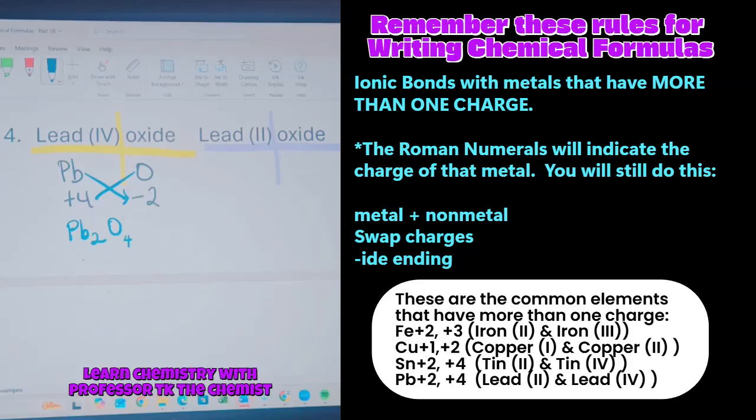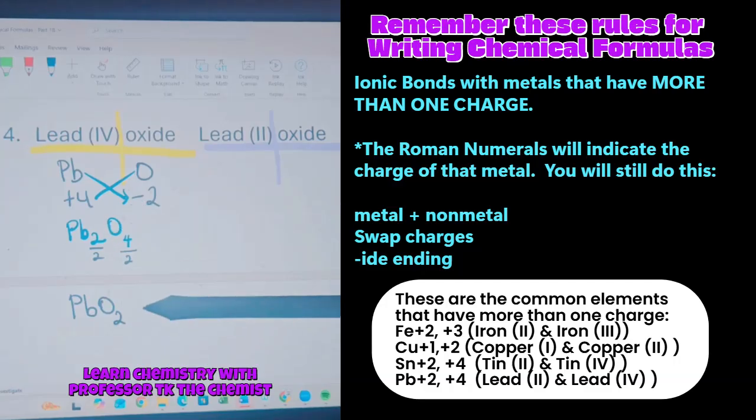But in chemistry, we actually will reduce both of these elements by dividing by 2 to get the final formula as PbO2. If you did not do that, it's still right. However, your teachers may be looking for PbO2 as the answer for lead 4 oxide.